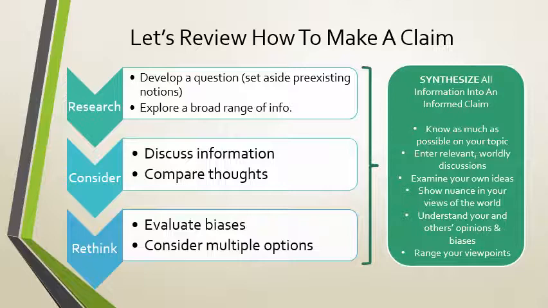And the claim that we're coming out with is not just your standard potboiler claim that you may have used in an argument before, but that you're actually showing the ability to look at a topic, to set aside biases, and to really come up with some new and original thought about that topic.